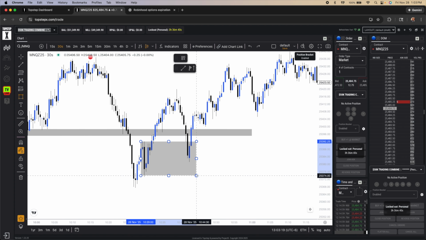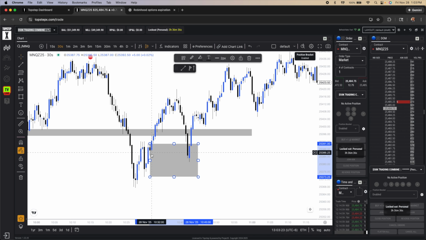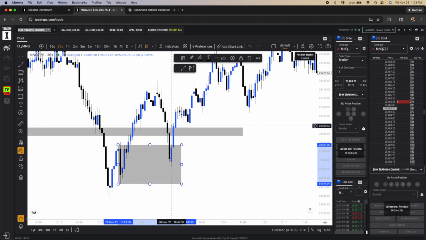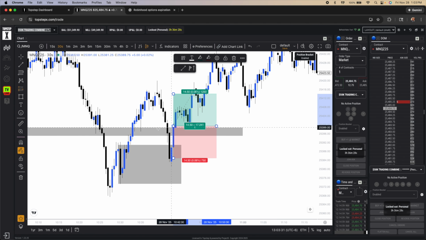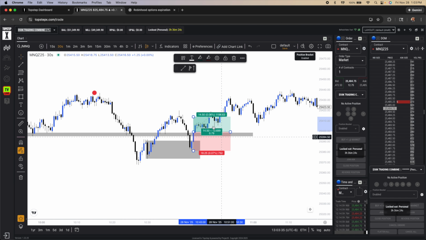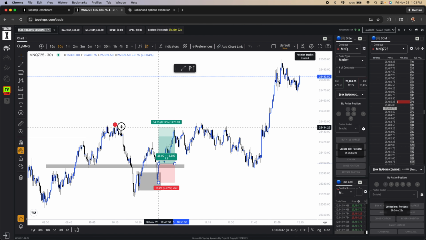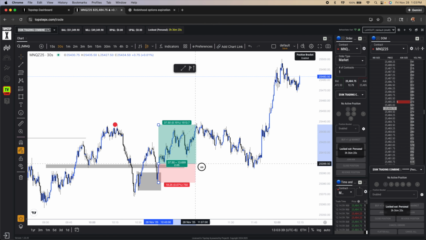So this was a demand that was created that we had not tapped into yet right here. And so now we end up coming back into it, getting a rejection to the upside. And since we're bullish on the 15-minute time frame, we can take that second candle close entry, stop loss below the low, and our take profit at that 15-minute high for a 2R trade.